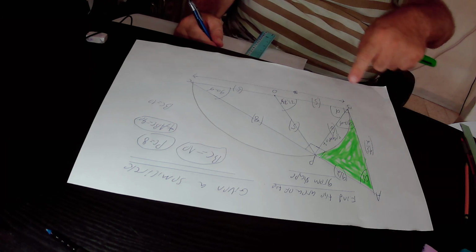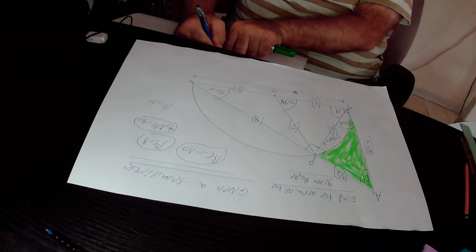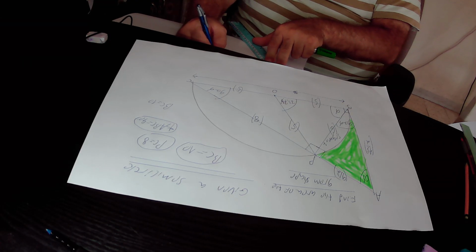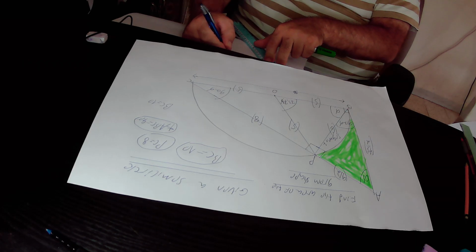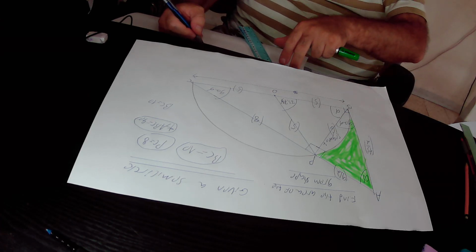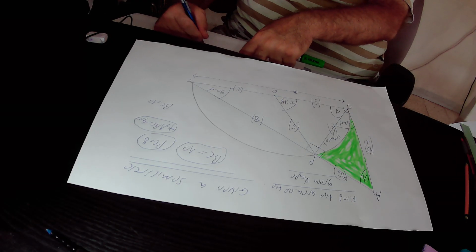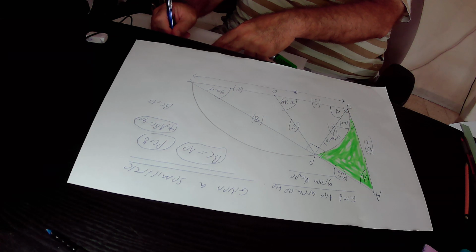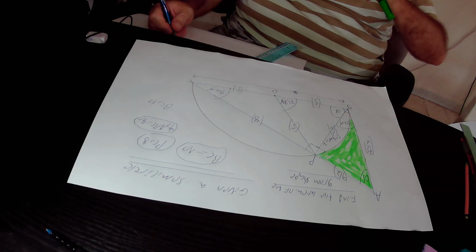Actually, the area of the right triangle APB minus the area of this segment BP must be equal to the area of this green shape.